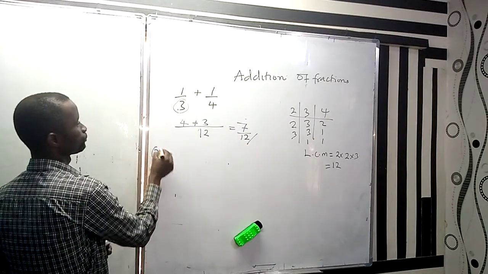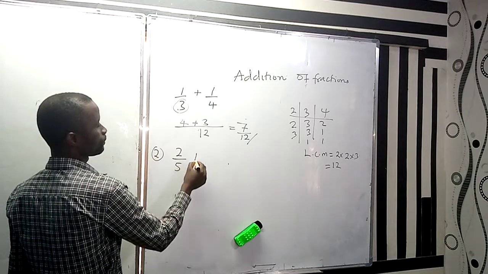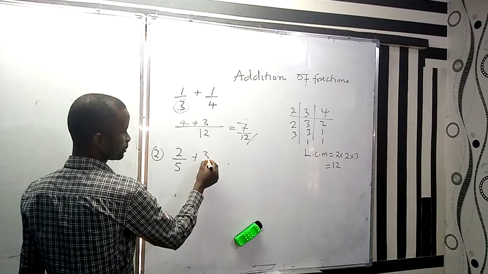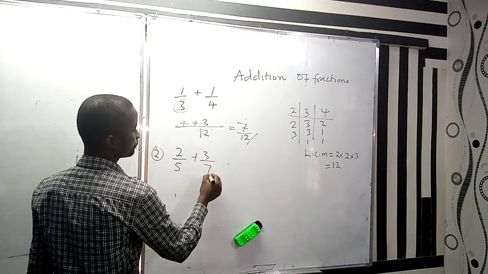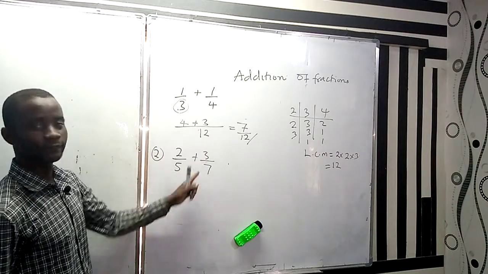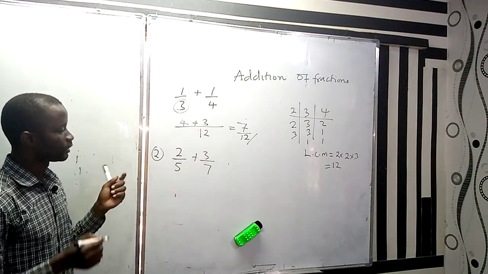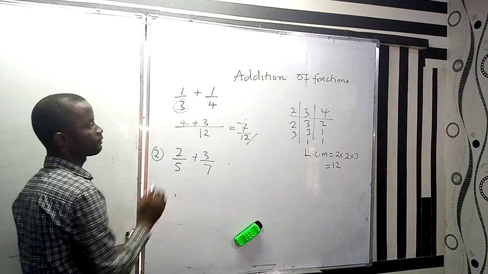Example 2. We have 2 over 5 plus 3 over 7. Let's follow the procedure. The first step, you find the LCM of 5 and 7.